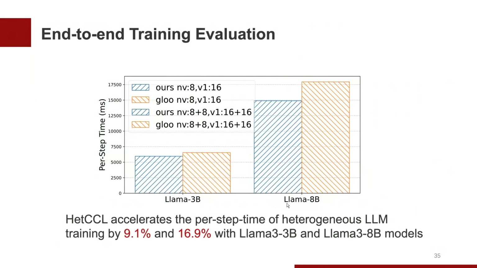And also we try to use a very small test bed with heterogeneous hardware to do end-to-end training. We have trained 2 small models, the 3B and 8B. But even for this very small cluster, the communication is not dominant; the computation is dominant. We achieve very good performance, and we improve the end-to-end training time by 9% and 16% for each model.